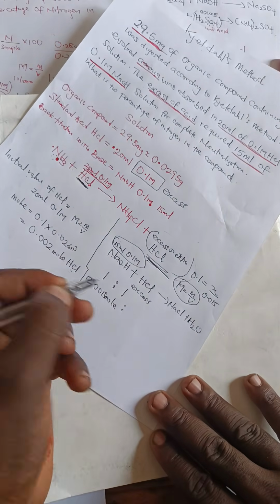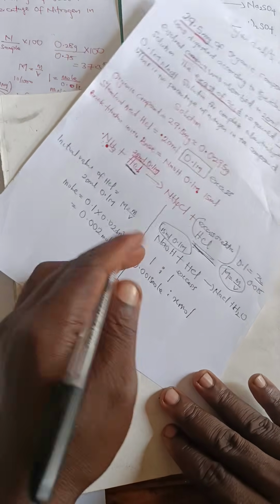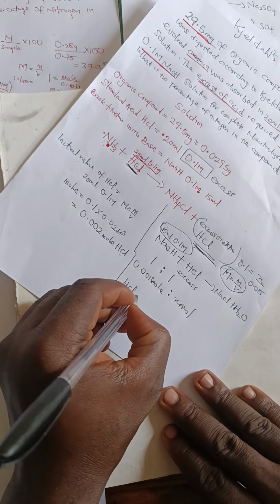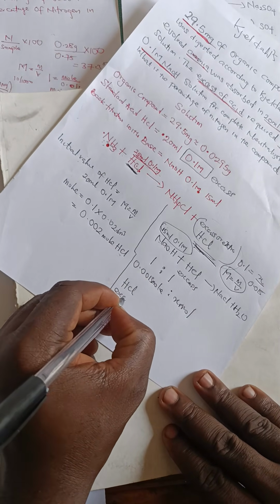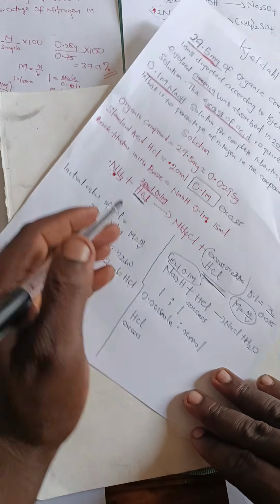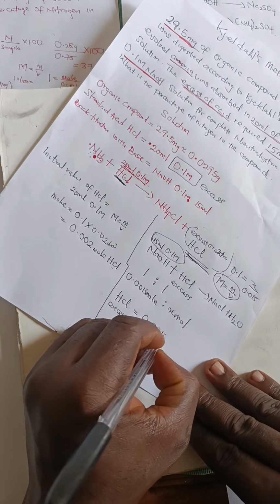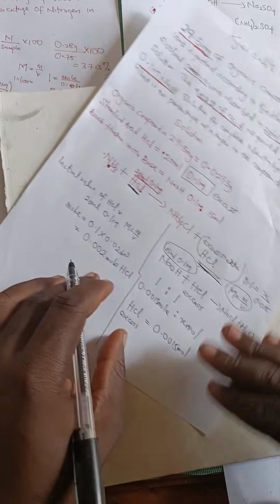So against x mole, since they are 1:1, it will mean that the excess HCl that remained after this and this reacted will be equivalent to 0.0015 mole. Now let's go back.